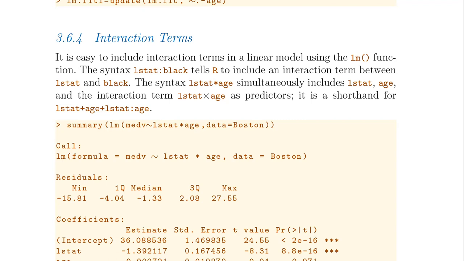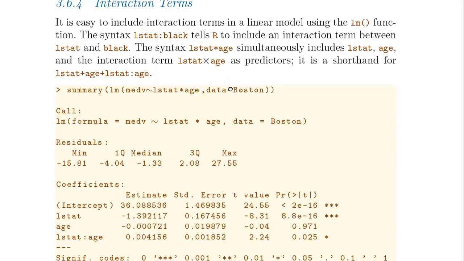The syntax lstat*age simultaneously includes lstat on its own, age on its own, and the interaction term lstat:age as predictors. It is a shorthand for lstat + age + lstat:age. Okay.